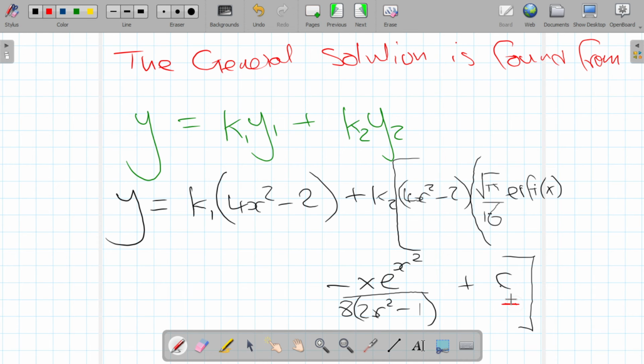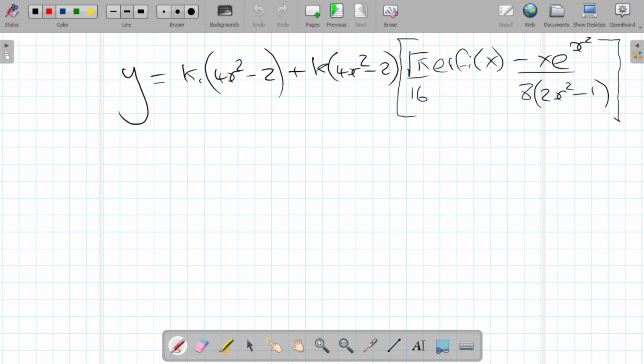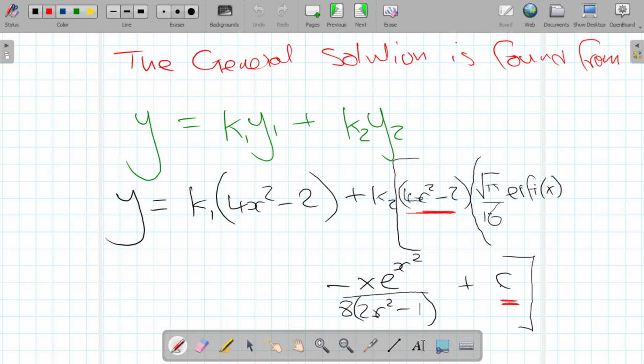We're multiplying that constant there by this term here, and obviously we're multiplying that by k2, so we get, and I'll keep this in red, plus k2 4x squared minus 2 times c. So let's have a look and see if we've done that right. Yeah, okay.